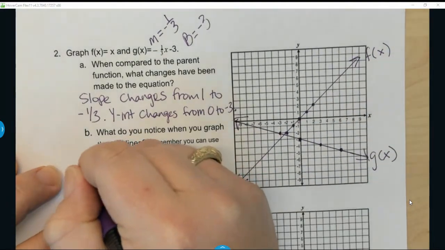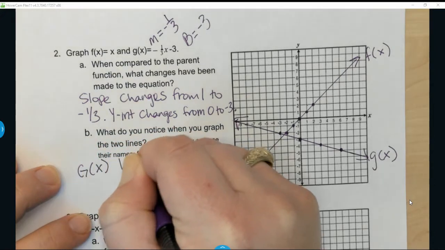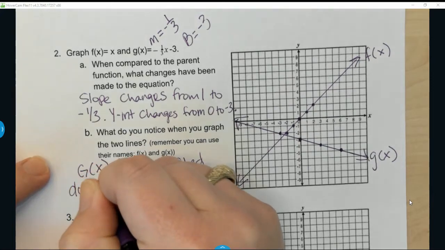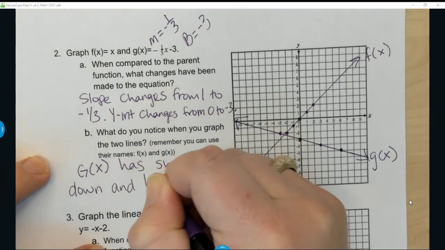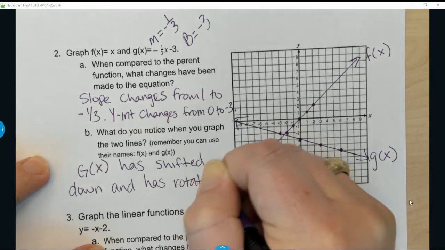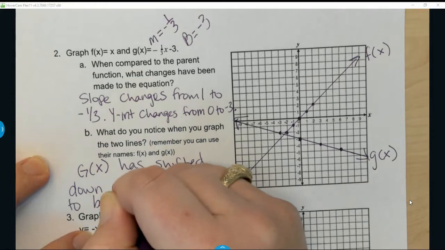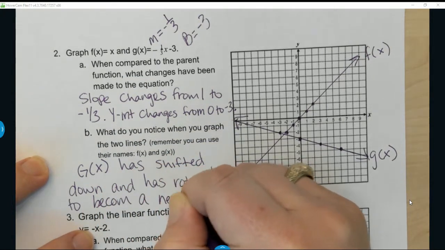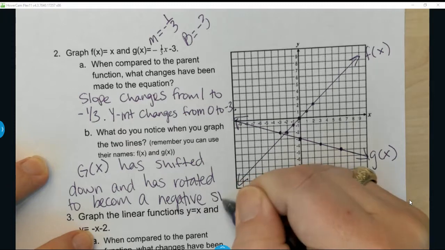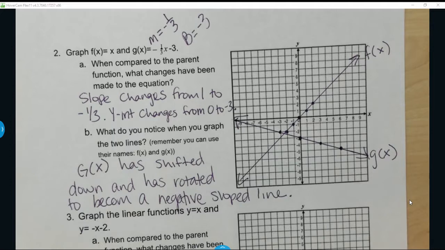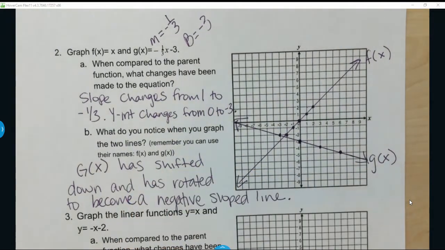So g of x has shifted down and has rotated to become a negative sloped line. Help me with my spelling. G of x is shifted down and has rotated to become a negative slope line.